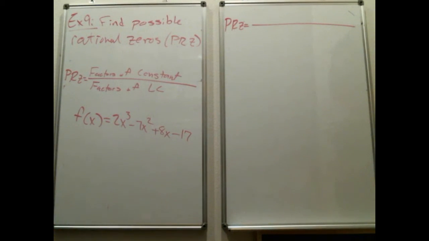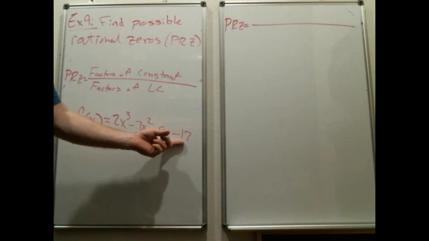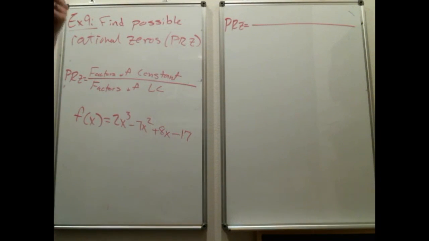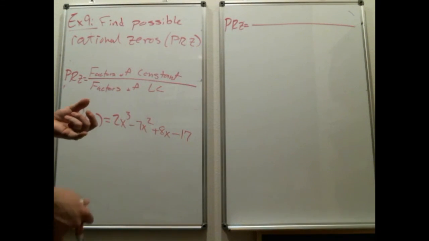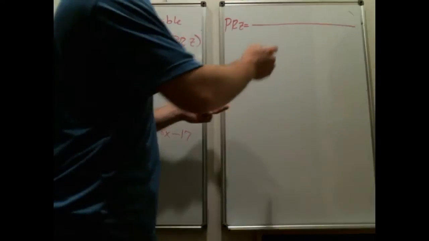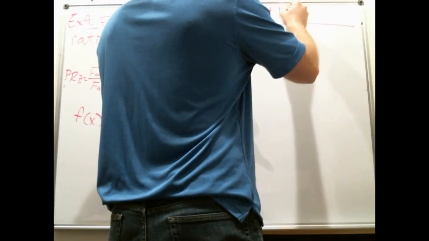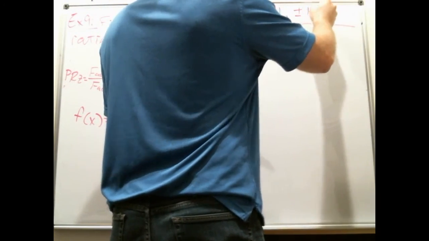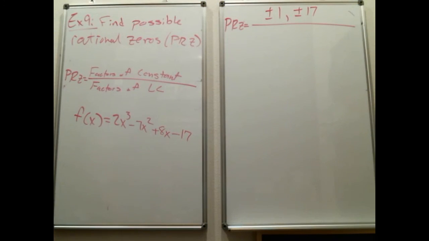We don't have to worry about the negative because we account for the plus and the minus of every single factor, no matter what. So we just need to look at the factors of 17. The only things that multiply to give you 17 are 1 times 17, and that's it. So plus minus 1, comma, plus or minus 17. That's what goes on top.